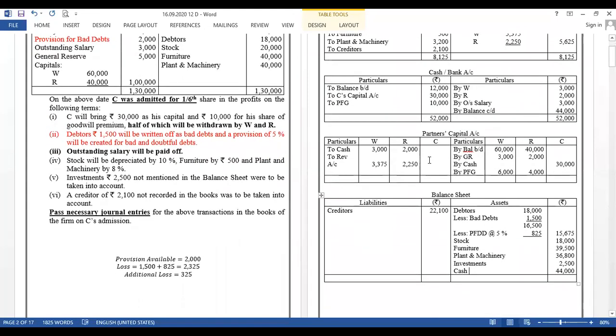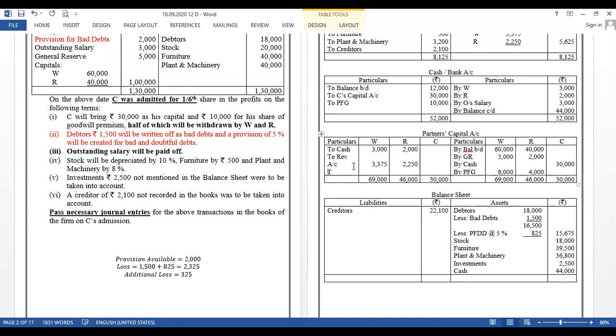Let us close the partners' capital account and get the totals. Total for W is 69. And this will be 46, and this will be 30. So let me copy this. All the balances now are there, totals are there.